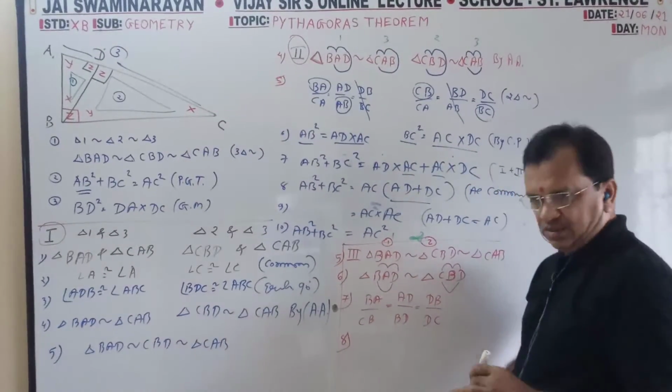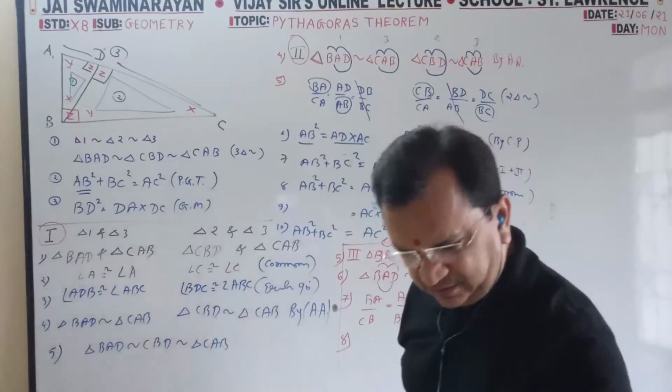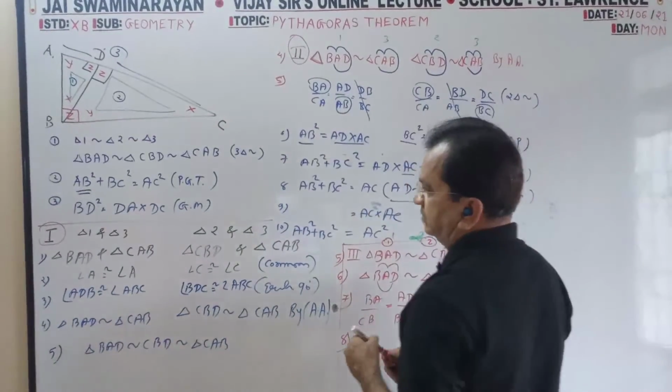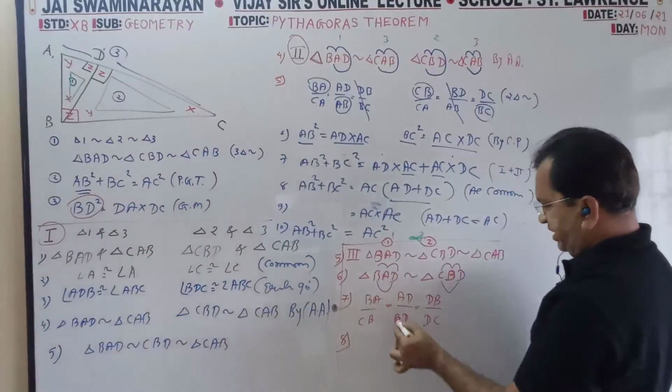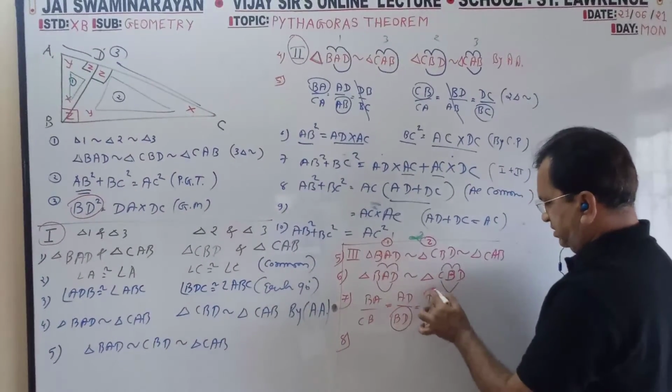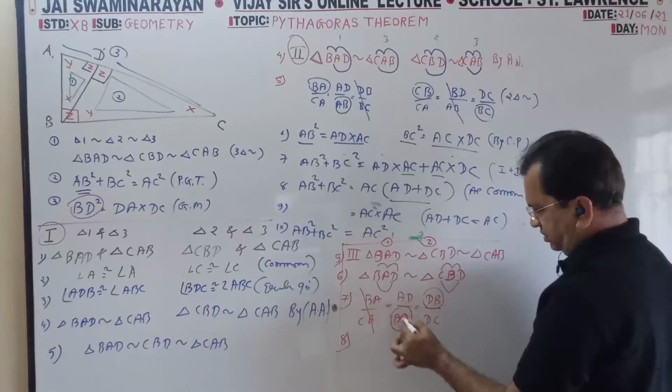Now what we want, that we have to mark. BD square I want. So where is BD? Here is BD. So I don't want this.